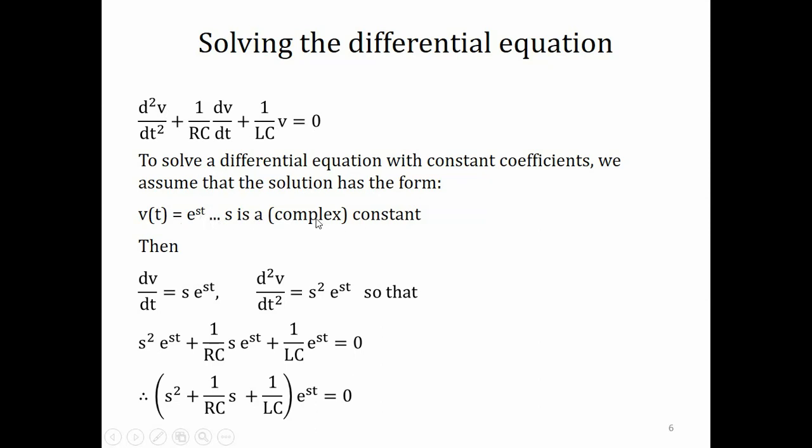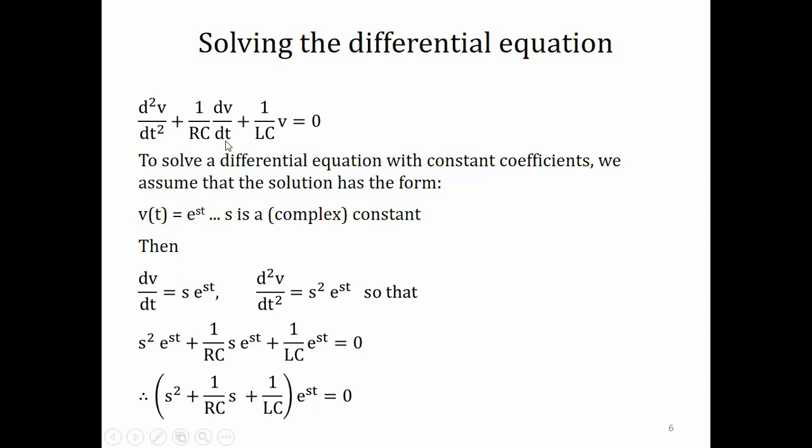As we'll see, it could be a complex number, but it is a constant. So let's assume that V of t equal to e raised to st is a solution of this differential equation. If it is, then we can substitute for V in this equation and then find s from that substitution.